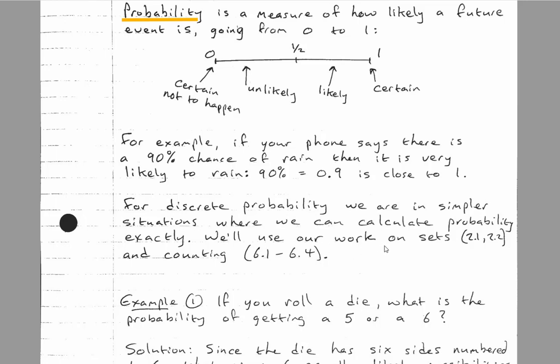And all this work is a nice application of the work we did in sections 2.1 and 2.2 on sets, and in chapter 6 on counting. So we'll see how sets and counting are connected.